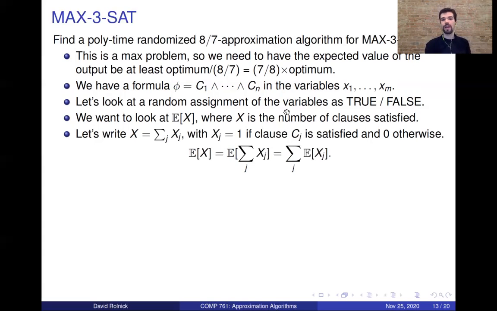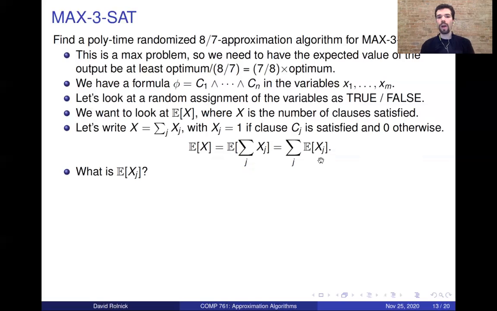So in this particular case, the expected value of x is the expected value of the sum of all of these indicator functions. Did clause 1 get satisfied? Did clause 2 get satisfied? All the way down to clause n. And that can just be the sum of the expected values. Now, what is the expected value of xj? More generally, what's the expected value of an indicator function?